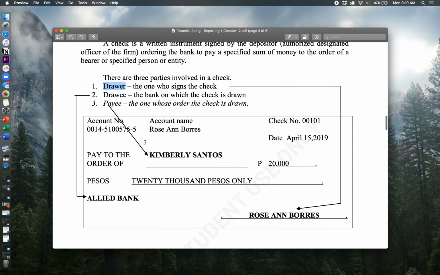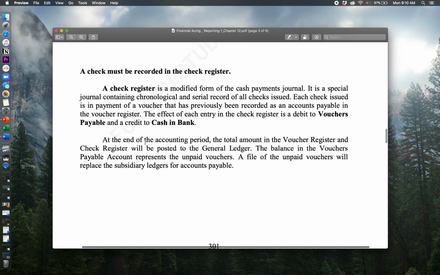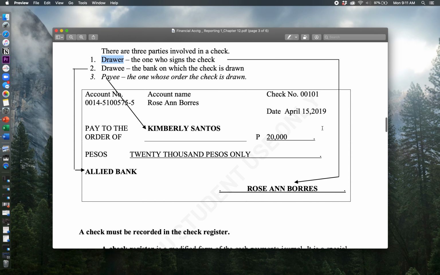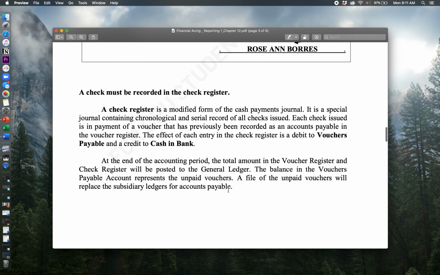The payee is the one who receives payment. A check must be recorded in the check register. After we issue the check, we have a check register. The effect of each entry in the check register is a debit to vouchers payable and a credit to cash. Of course, when we pay the vouchers payable, we debit the liability.